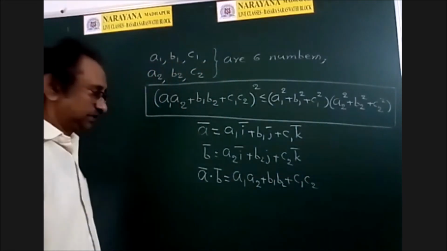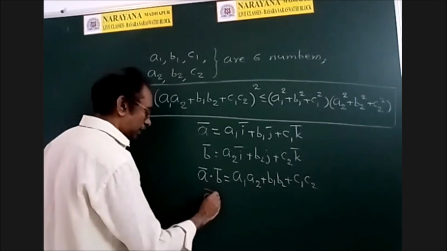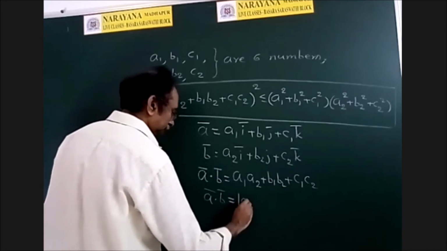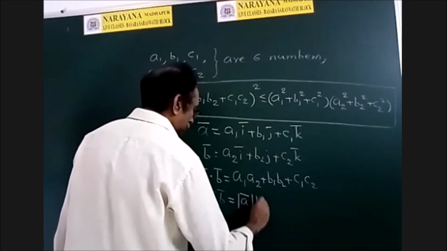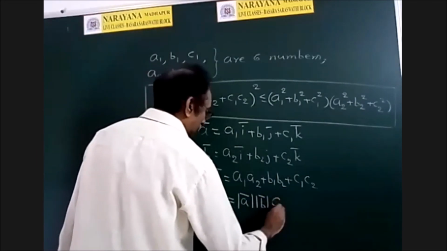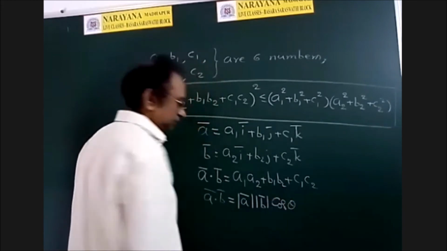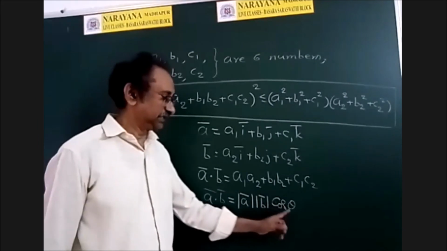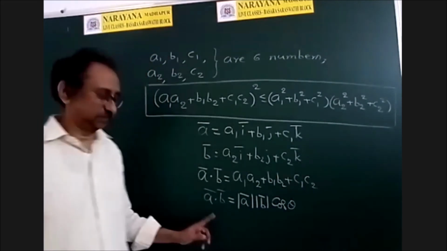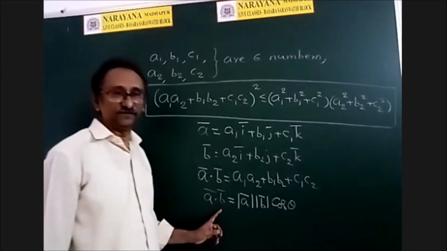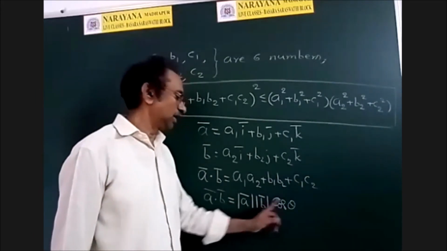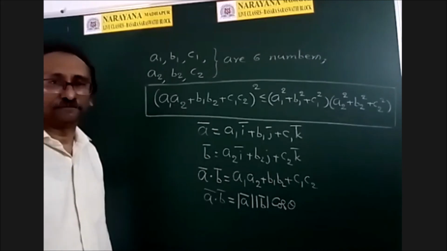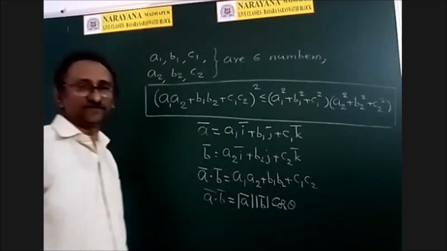Not only that, they defined A bar dot B bar as mod A bar mod B bar cos theta, where theta is the angle between the two vectors. What is the maximum value of cos theta?